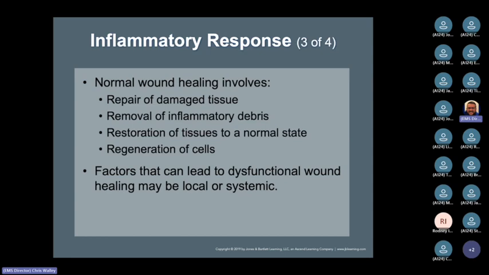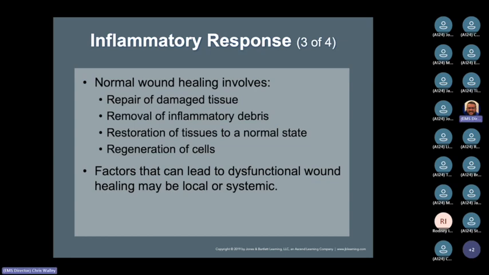Factors that lead to dysfunctional wound healing may be local or systemic. Factors include infection, inadequate blood supply, and foreign bodies. Systemic factors include inadequate nutritional intake, leading to insufficient levels of collagen, anything that interferes with wound contraction, hematologic abnormalities, diabetes, AIDS, and the use of corticosteroids.